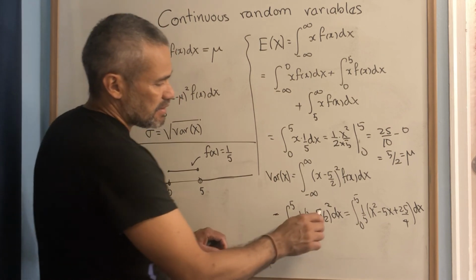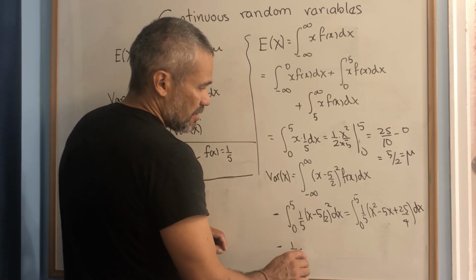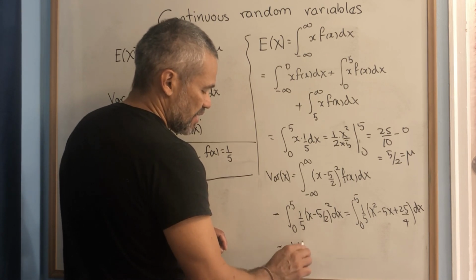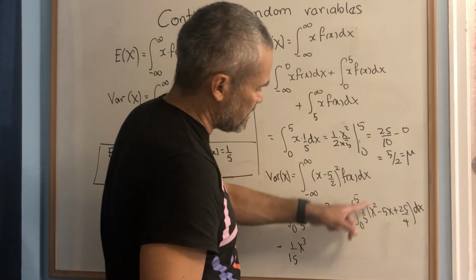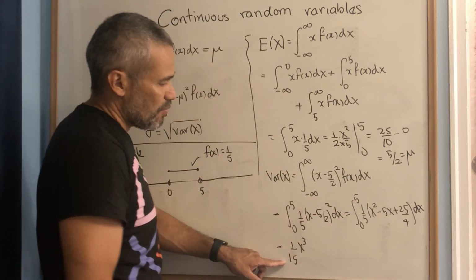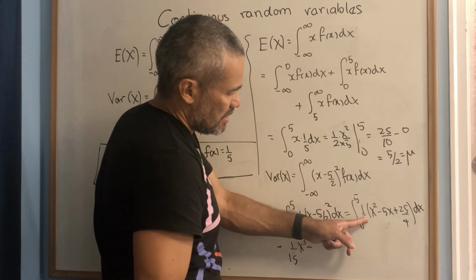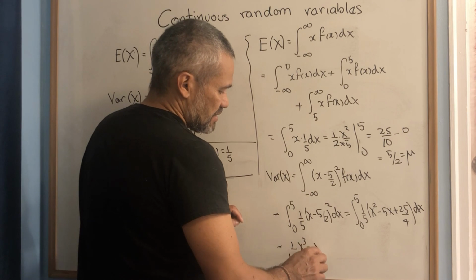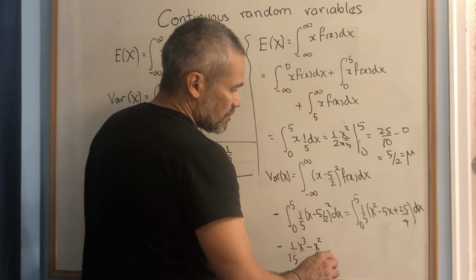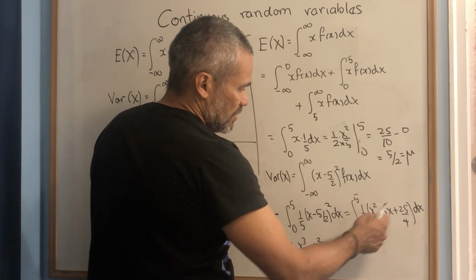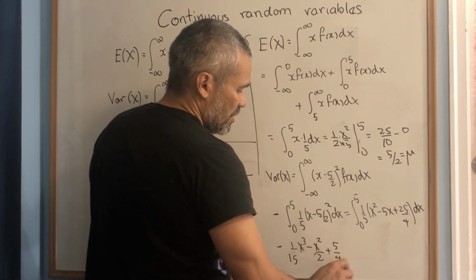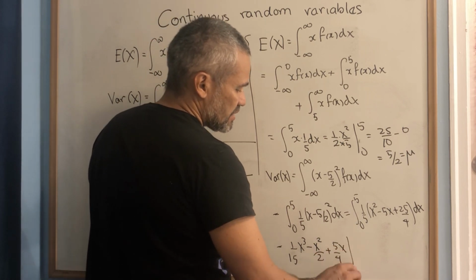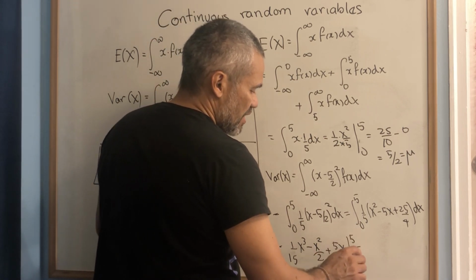This is 1/5 times x cubed over 3, since the integral of x squared is x cubed over 3, minus 5 times the antiderivative of x, which is x squared over 2, plus 25/4 x, between 0 and 5.